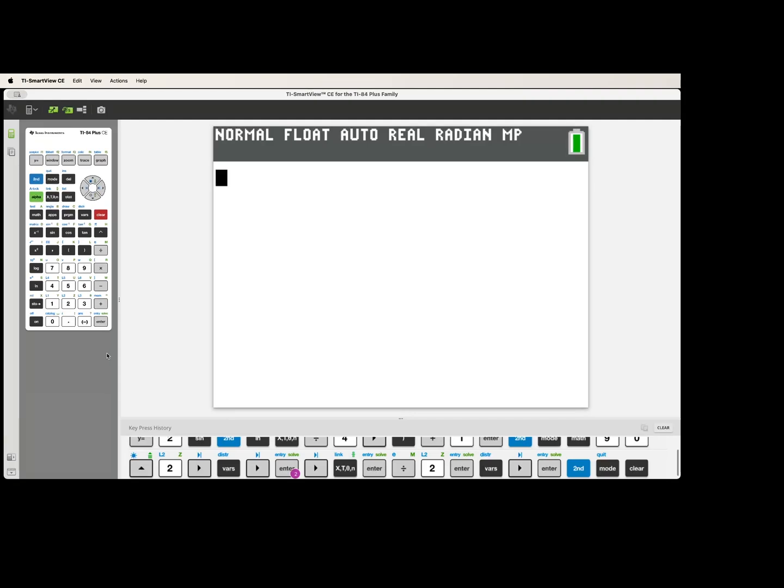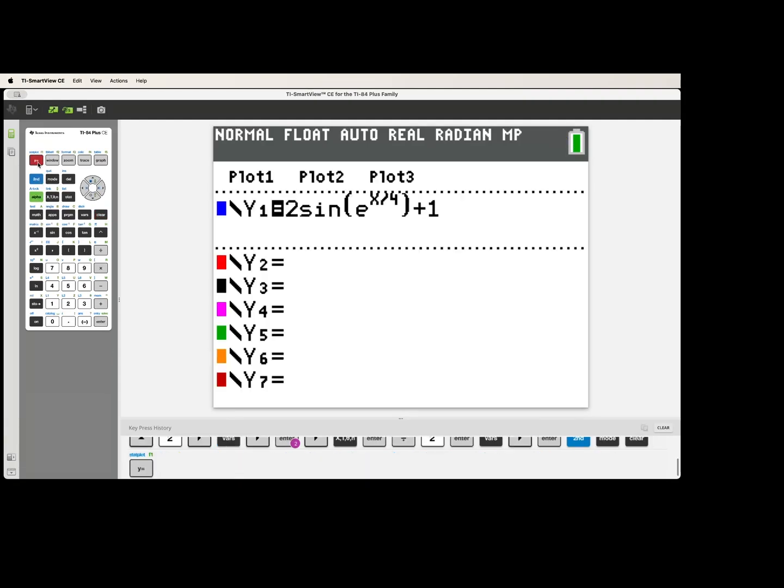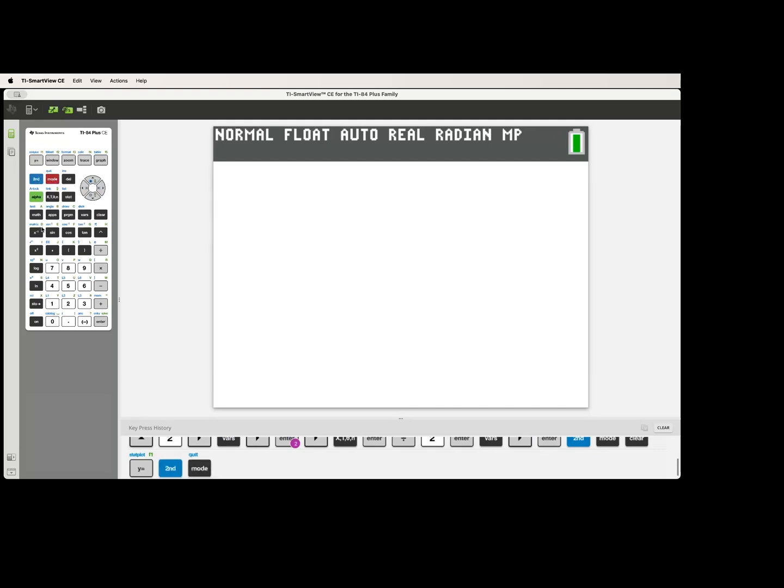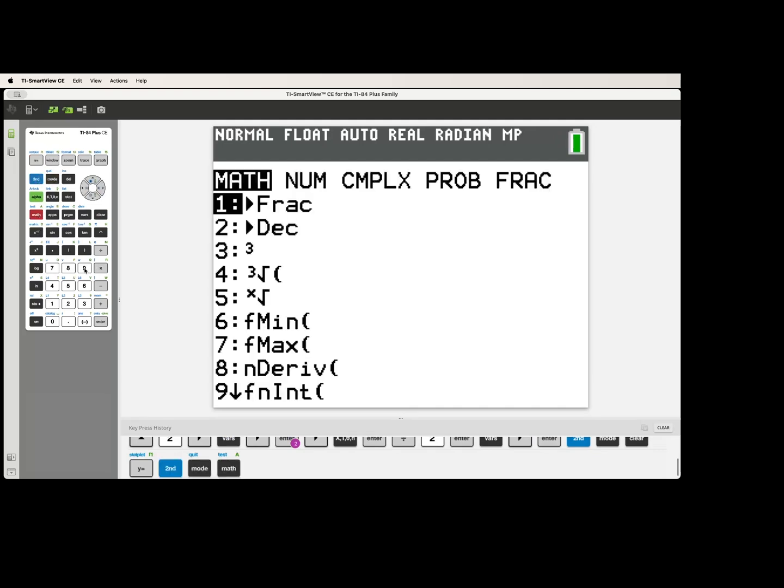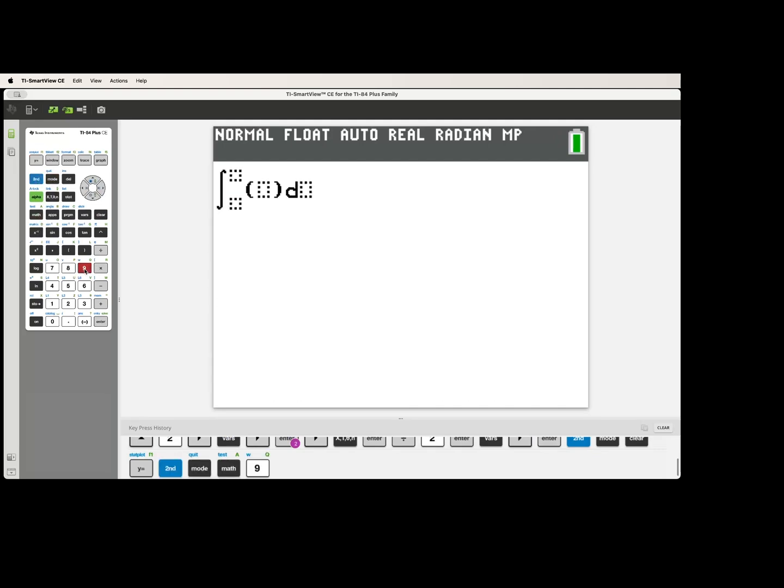Okay, the next one I want to do, I still have my velocity equation here, but I want to do that other one where we're doing the absolute value. So math 9, I'm going to go from 0 to 6. And then I want to do absolute value.